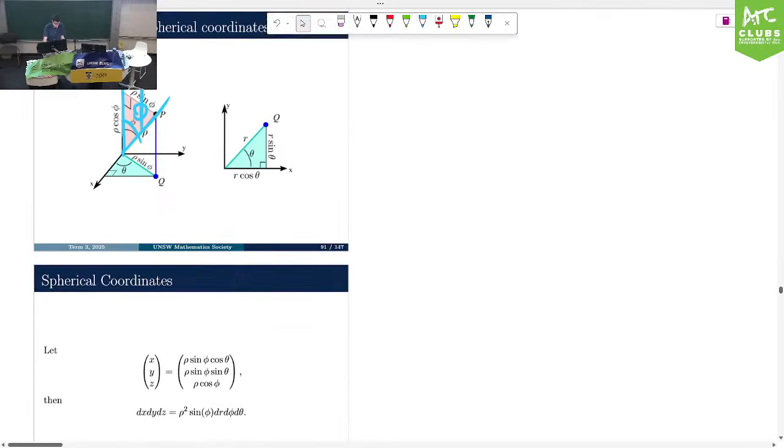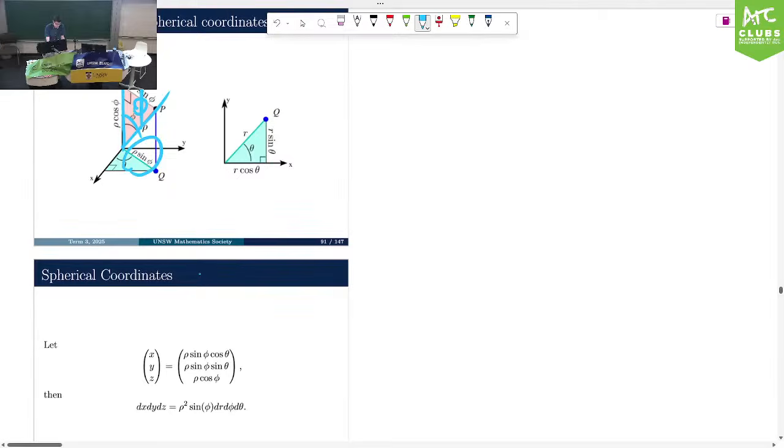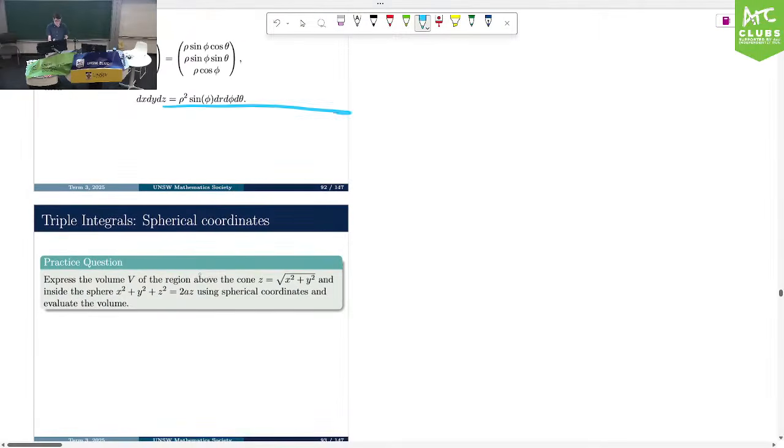Combining that, your r is rho sine phi, so x becomes rho sine phi cosine theta, and similarly for y, whereas z is more simple, it's just rho cosine phi. Okay, so just to revise, our change of variables factor is rho squared sine phi.